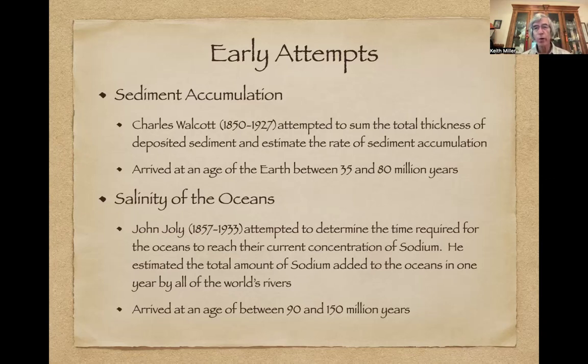We could go all the way around the world and measure the salt content of all the rivers flowing into the ocean and say, okay, combining all this data, the rate of salt influx into the oceans is so much. And he knows how salty the ocean is. So how long would it take for the oceans to reach that salinity? And he arrived at a wide range of dates from 90 to 150 million years.